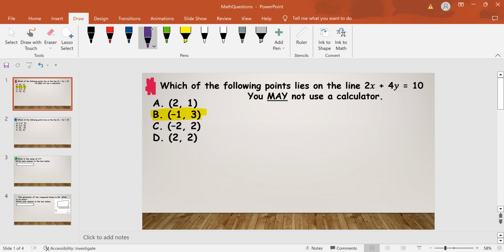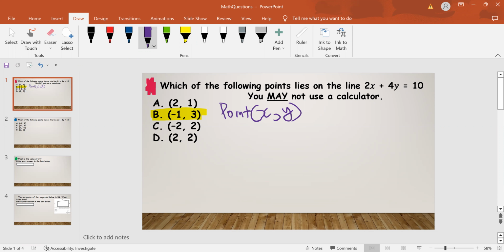When you have a question like this, what you have to do is substitute the point in the equation. When they say point, they are talking about the x coordinate and the y coordinate, and it is always in this order. You always have the x coordinate before the y coordinate.